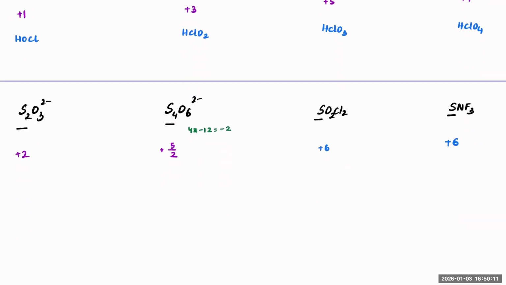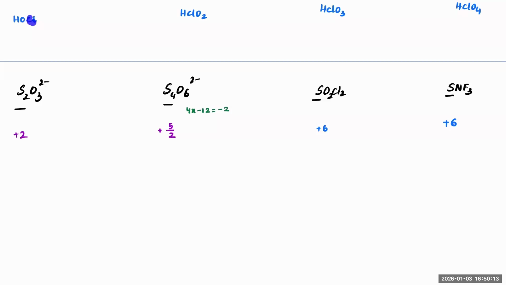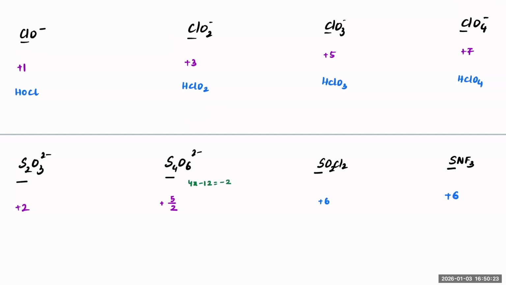So now imagine an atom like chlorine, which is able to show four different types of acids, ranging from oxidation state +1, +3, +5, and +7. Whenever you have the lowest, a +1 oxidation state on the central atom of an acid, the name of that acid should always start with hypo.